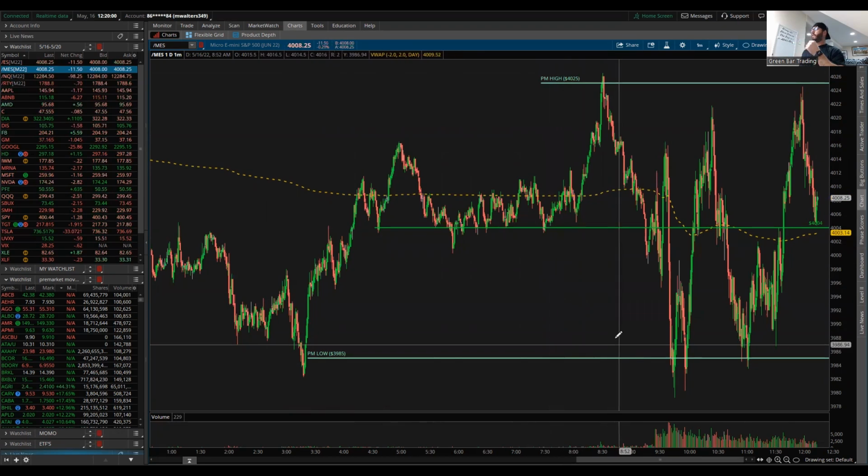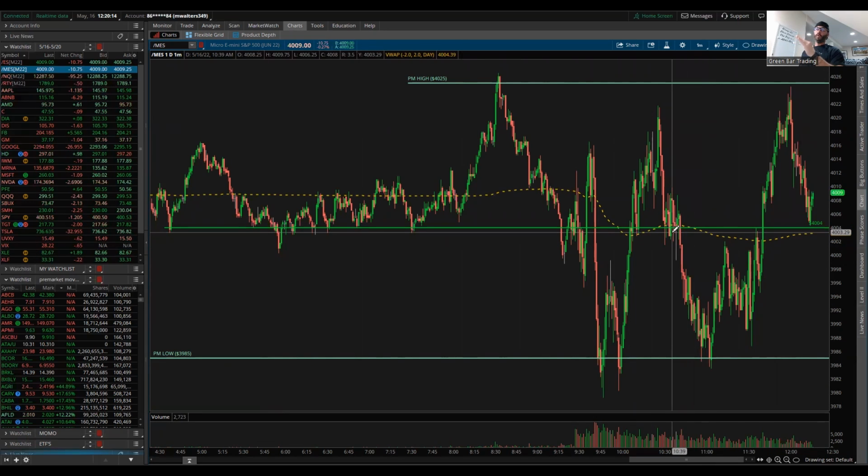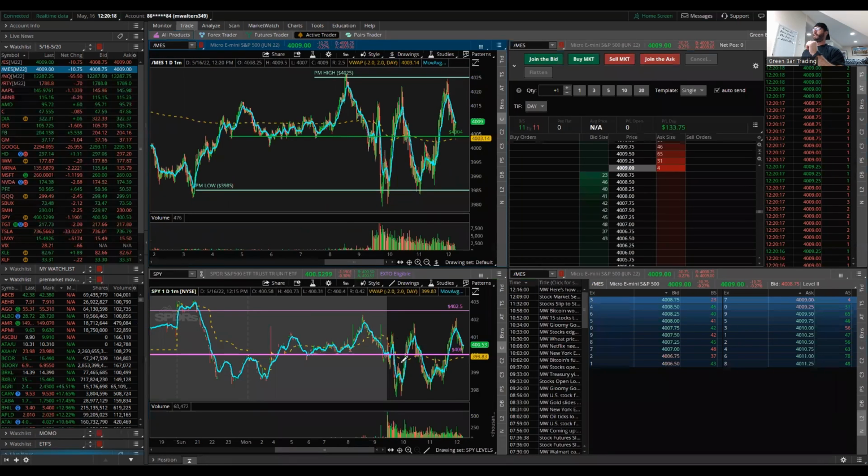So now going into the trading day, just zooming this in a little bit, the indicator that I use only when I trade futures is VWAP. That's all. And VWAP is right around that 400 level on the SPY. So I have the SPY down here, and that 400 level is coming right into the VWAP.